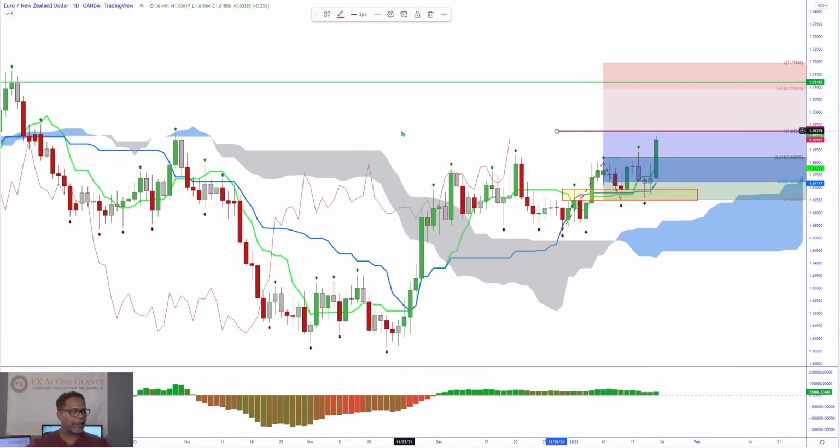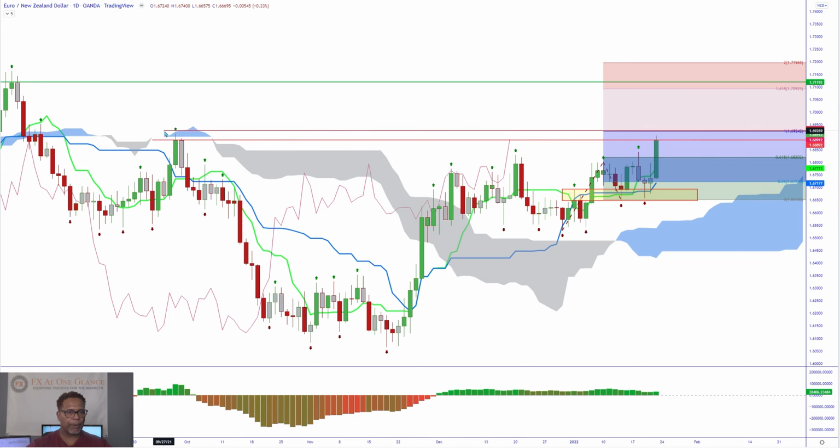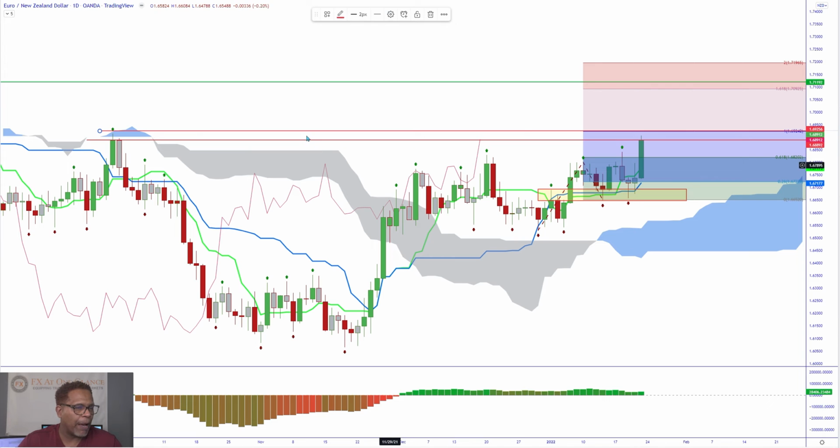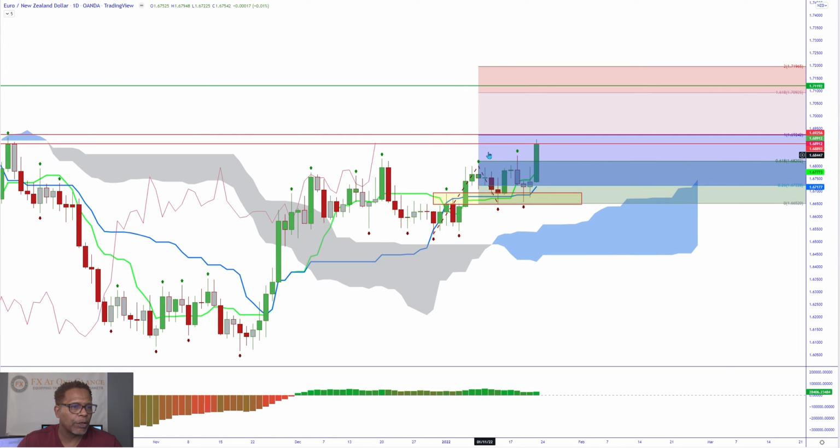What would this area line up with? Let's see. Pretty much coming up to this level. See this top? So I would mark this as a zone. The market is coming up in here. See if the market's going to falter here. Because if it does, it's still going to continue this structure, this move to the upside. We're still going to look to trade.